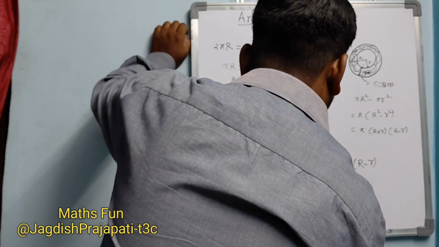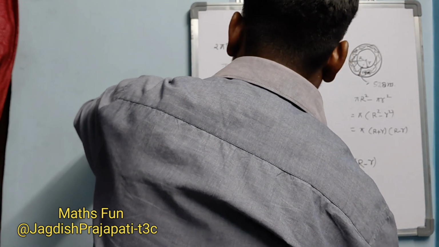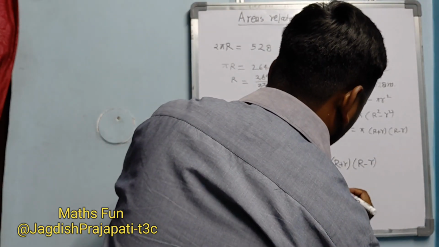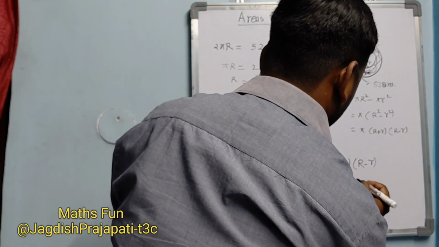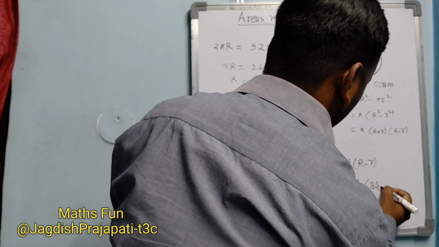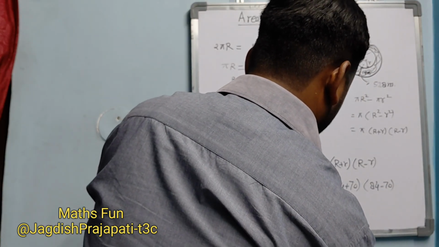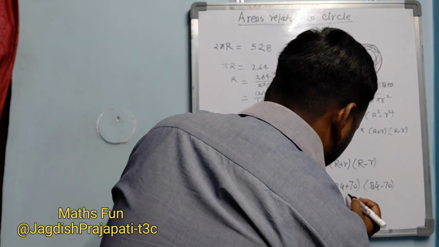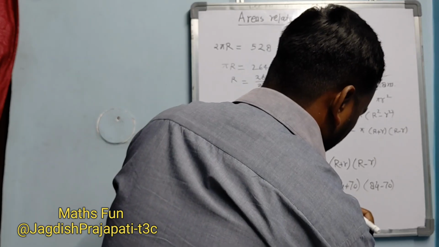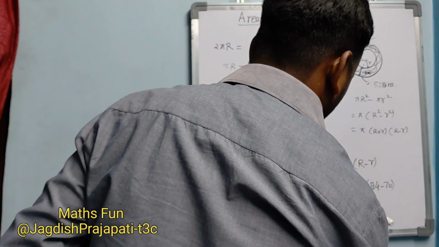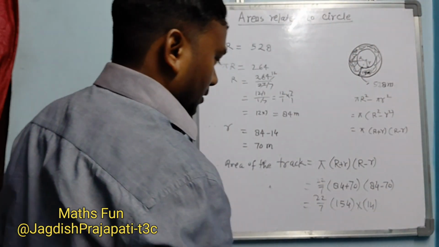Okay, this is 22 by 7. Now see, capital R is 84 plus small r is 70, and this is 84 minus 70. So 22 by 7. Now add this: 4, 8 and 7, 15, okay, and this will be 14.